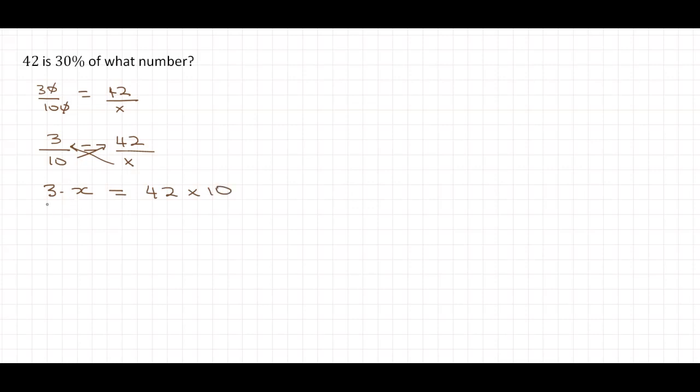To isolate x, I'm going to divide by the number to the left of the variable, which is 3. So I divide both sides by 3. So x is equal to 42 divided by 3. Let's do that. 42 divided by 3: 4 divided by 3, we have 1, and 1 multiplied by 3, we have 3. 4 minus 3, we have 1.